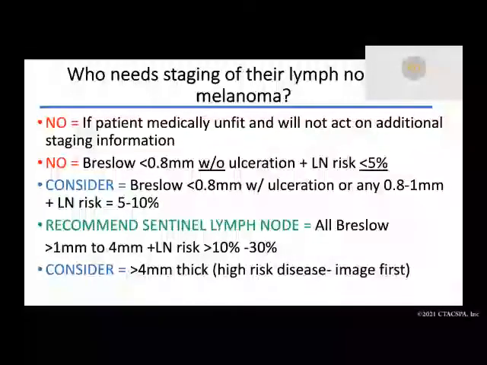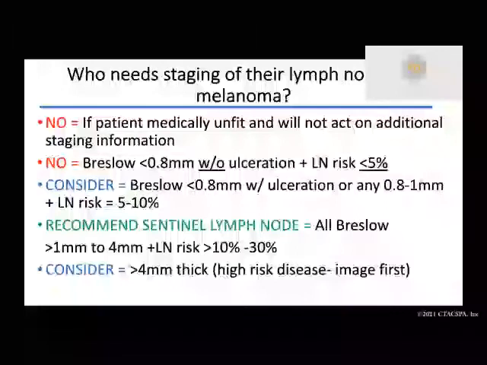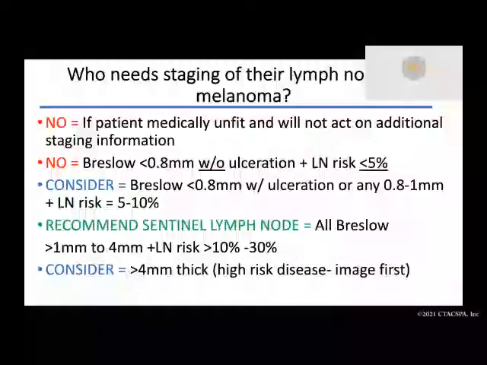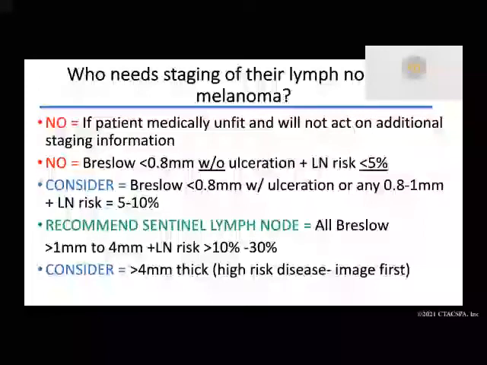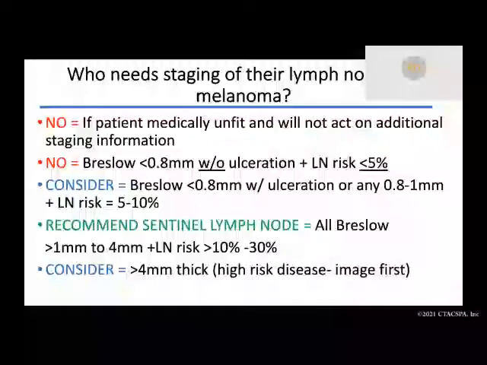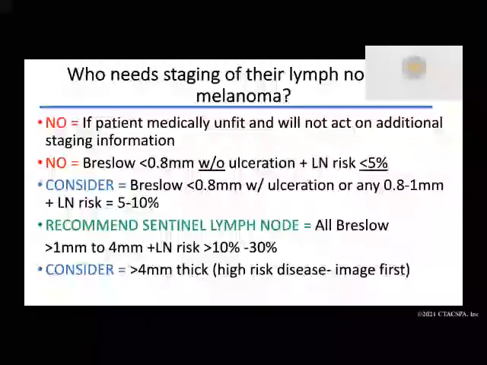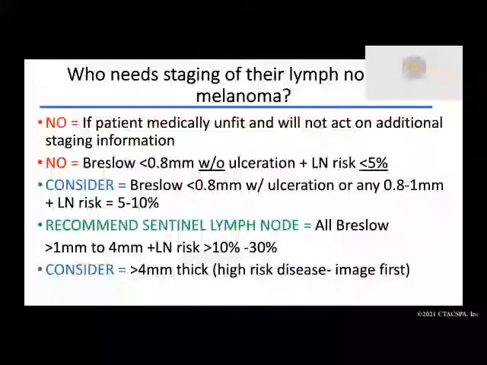Now for your ABSITE, Breslow thickness less than 0.8 millimeters with no high-risk features, so it's not ulcerated, doesn't have a tremendous number of mitoses, right? That lymph node risk is very, very low, and no one would offer anyone a sentinel node biopsy. Up until 2 years ago, this next category, this considered category, was actually different.